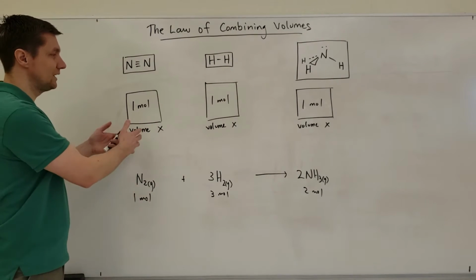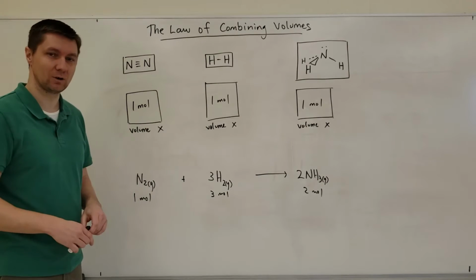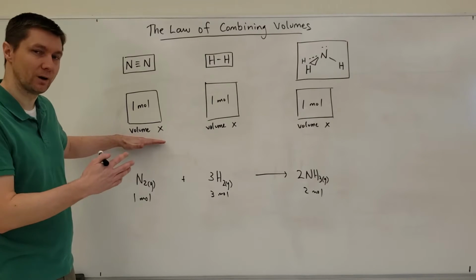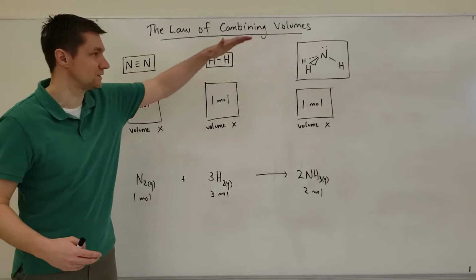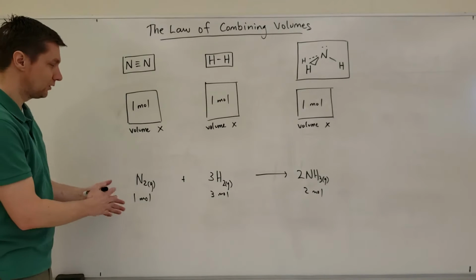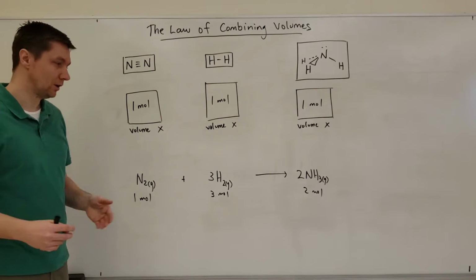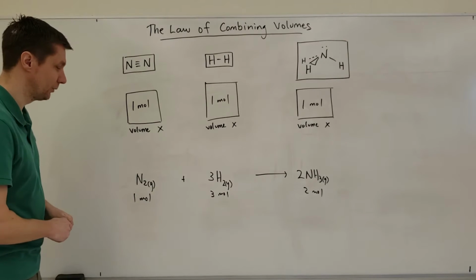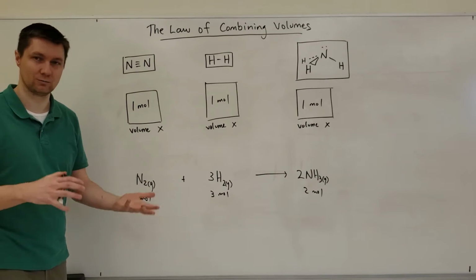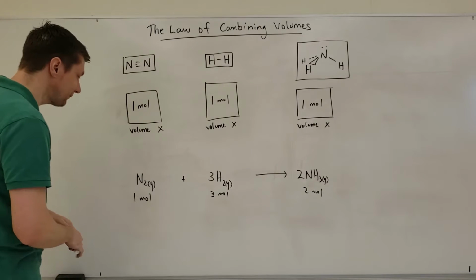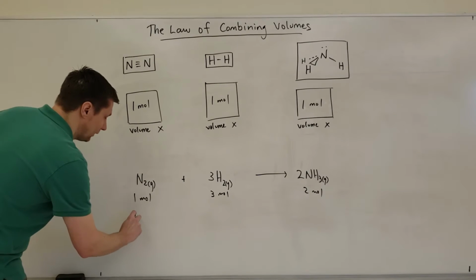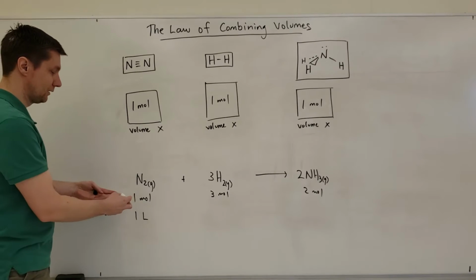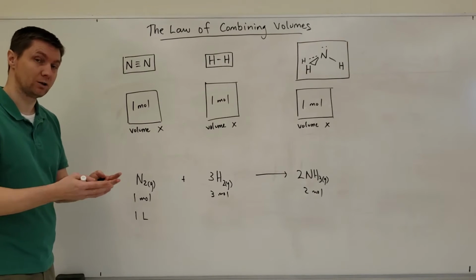But now, because gases also follow this same concept where 1 mole of this is going to occupy the same volume, whether it's this gas or this gas, I can also now use units of volume to predict what the amounts are going to be that are produced, in units of liters or milliliters or whatever. So, for example, if I had 1 liter of nitrogen, again, that's going to have a certain amount of molecules in it.